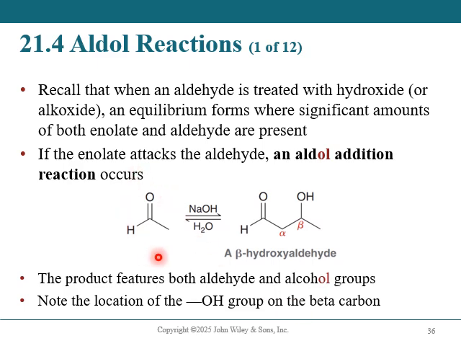So here, for example, we have an aldehyde, strong base, under aqueous conditions, you get the beta hydroxyaldehyde. You have an alpha position right here, that's the one we're looking at. The product features both aldehyde and alcohol groups. Note the location right here of that hydroxyl group on the beta carbon.